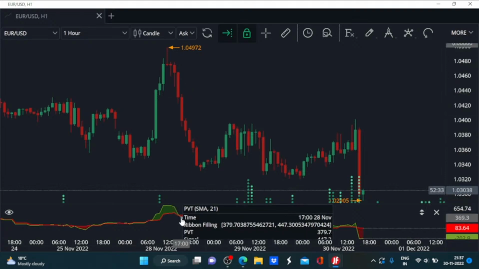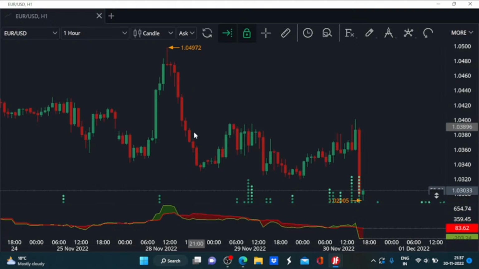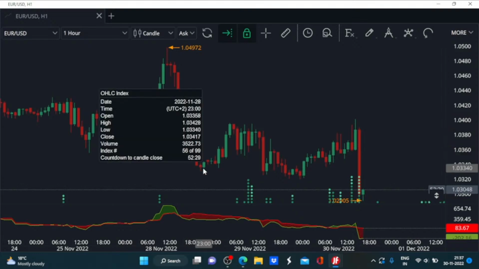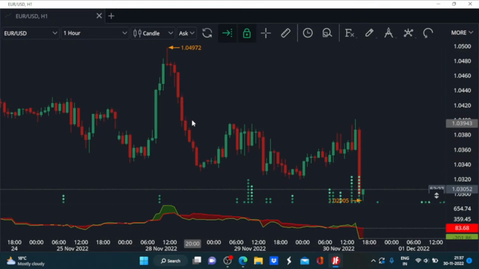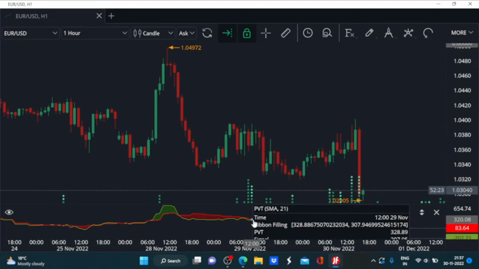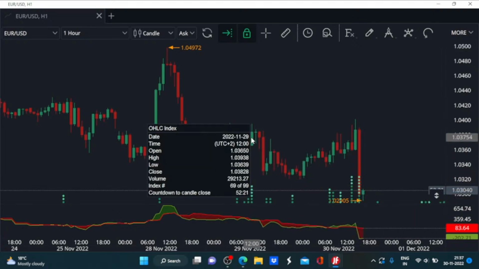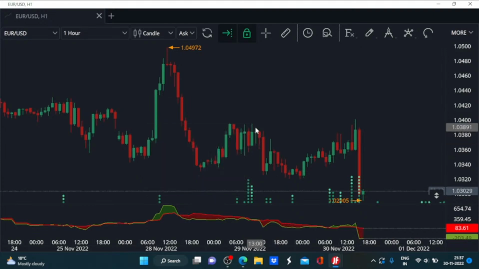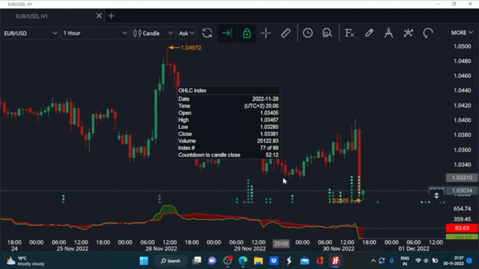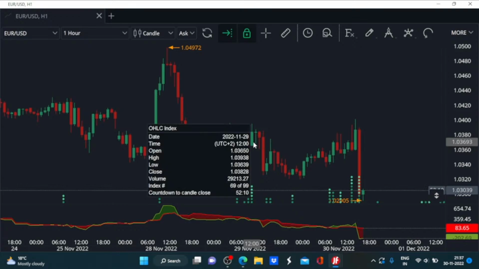Then we had this crossover on the bearish side later in the day, and it also continued, though the gains would have been limited, but still it continued. Then we had this crossover on the bullish side in yesterday's session, which didn't really go much of the distance. It simply stayed there for a couple of hours, and then it went into the negative territory. So here, most probably, this trade would have ended up in a loss.